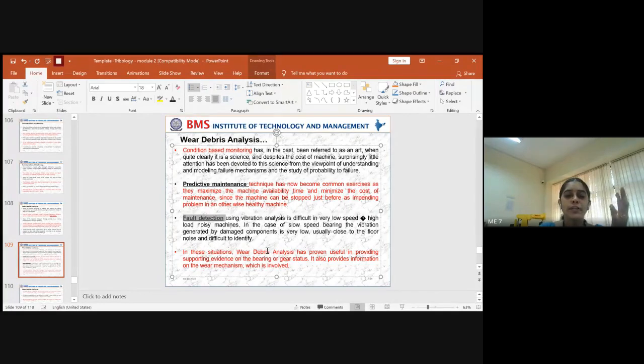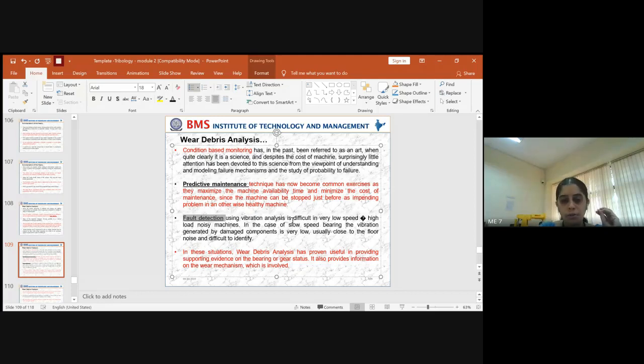Usually we use fault detection in vibration analysis, when you have different modes of movement. If you have a high amount of vibration, it reduces the efficiency of that particular component. So you should overcome the amount of vibration which comes across in any revolving component. So fault detection is mainly used for vibration analysis.